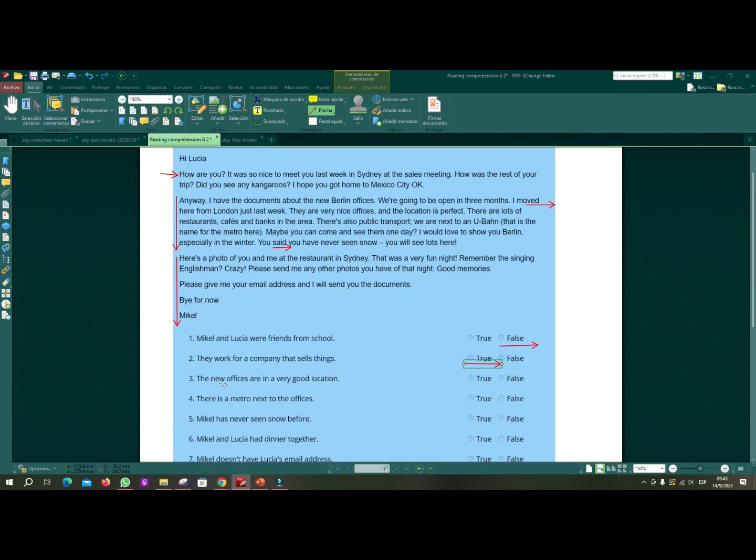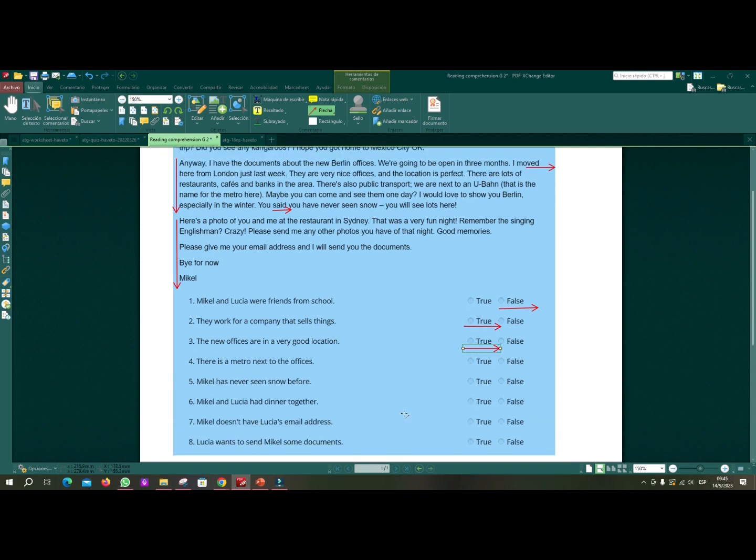The new offices are in a very good location. True. Oh, that's true. That's great. Nice. What about this one? There is a metro next to the offices. It's true. That is true, right? We are next to a U-Bahn, right? There's a metro here. That's true.